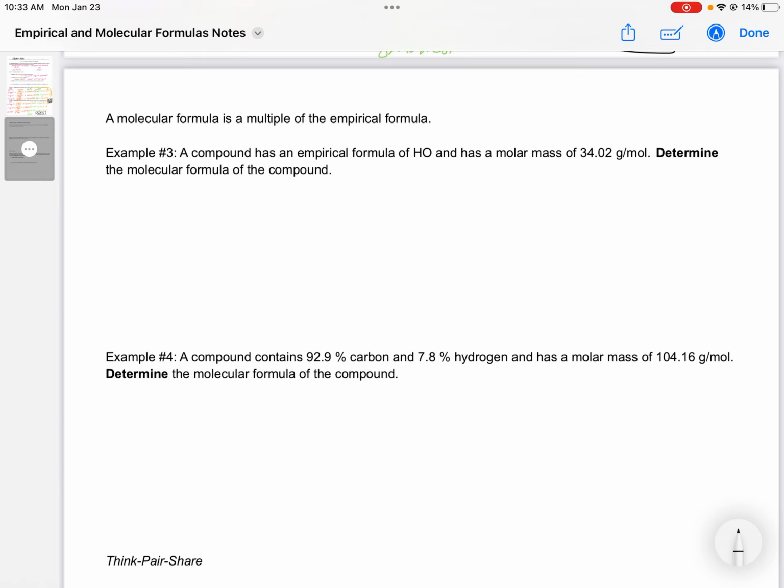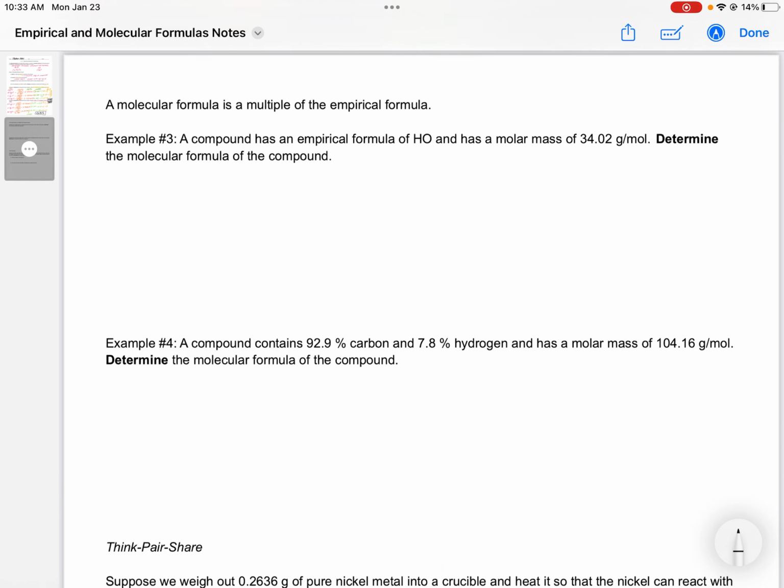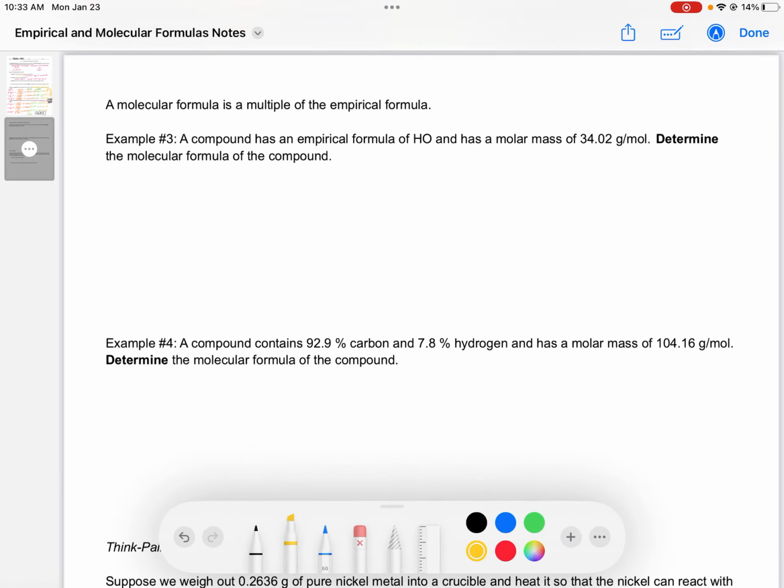And to do that, you have to be given the mass of the molecular formula. Example number 3 says a compound has an empirical formula of HO and has a molar mass of 34.02 grams per mole. Determine the molecular formula of the compound.